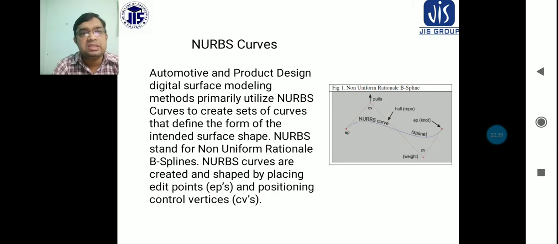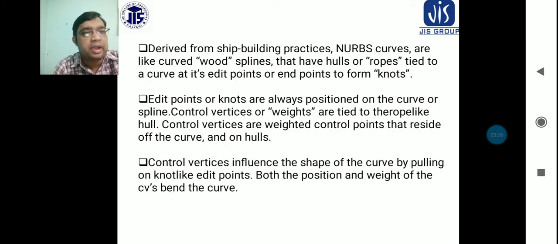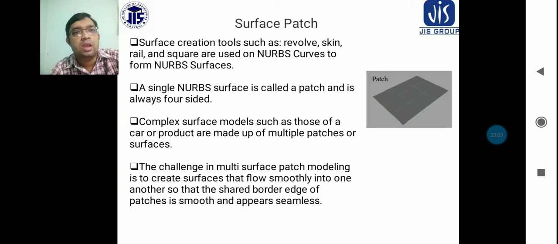NURBS stands for non-uniform rational B-spline curve. NURBS curves are created and shaped by placing edit points, EPs, and positioning control vertices, that means the CVs, which are found here, and the surface patch. The surface patch is here.